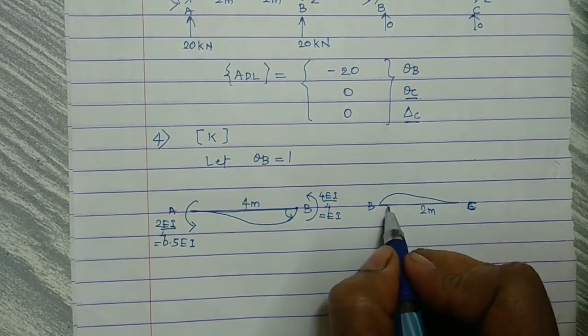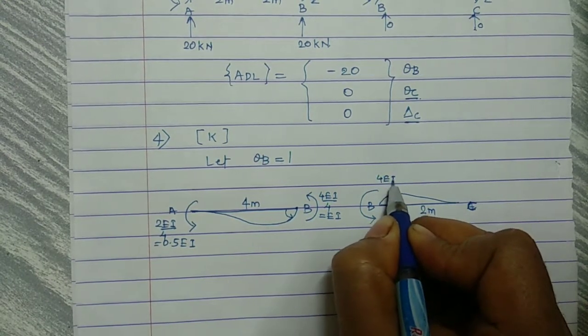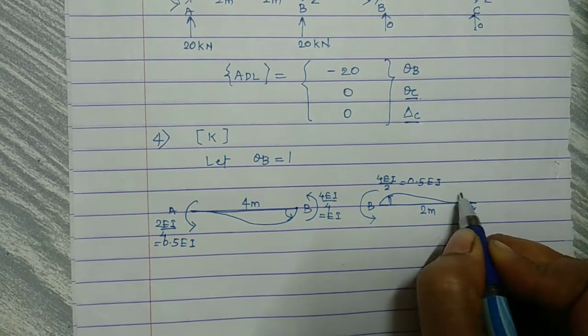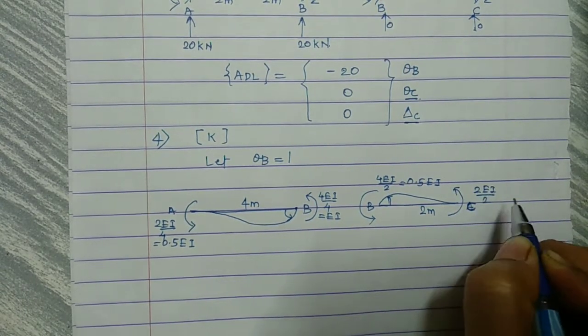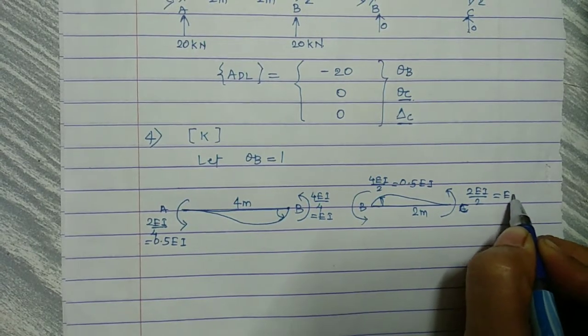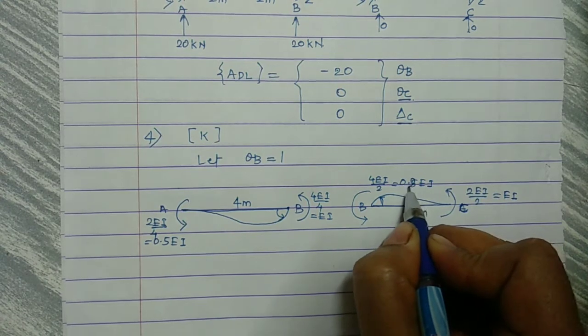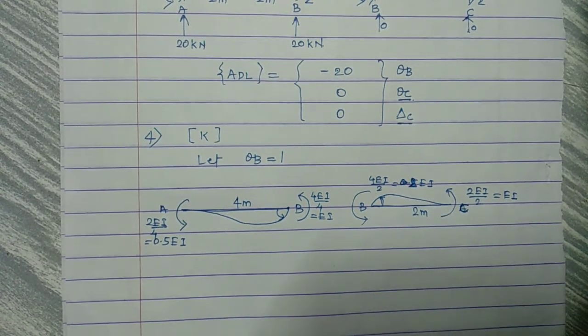For BC, rotational stiffness here is equal to 4 EI upon 2, that is 2 EI, and this side 2 EI upon length L, that is 2 EI upon 2, that is 1 EI.